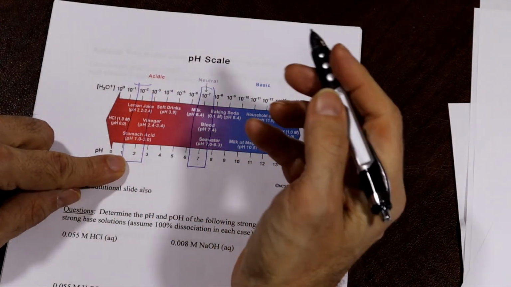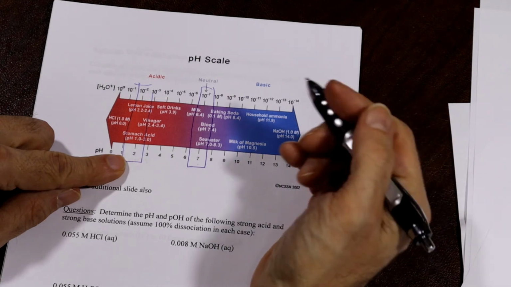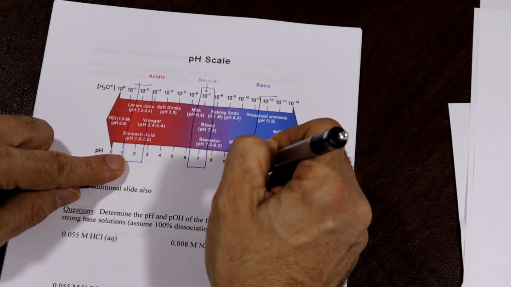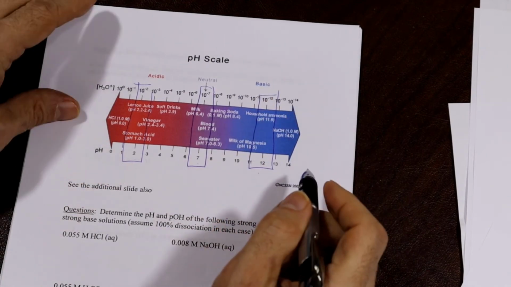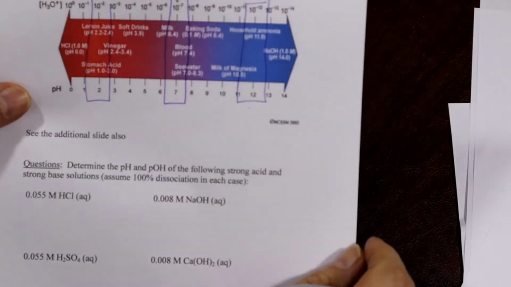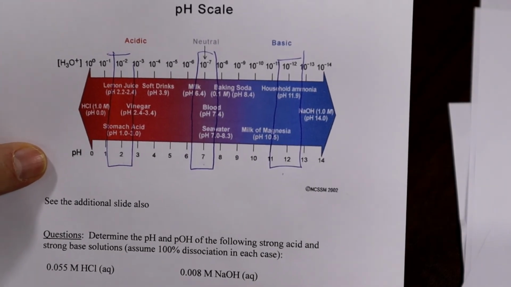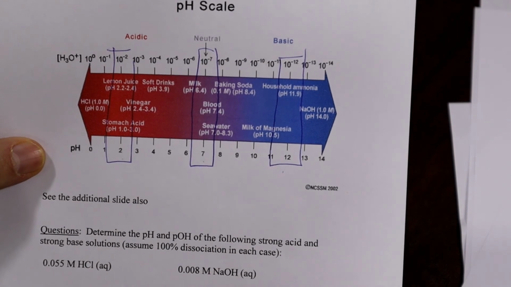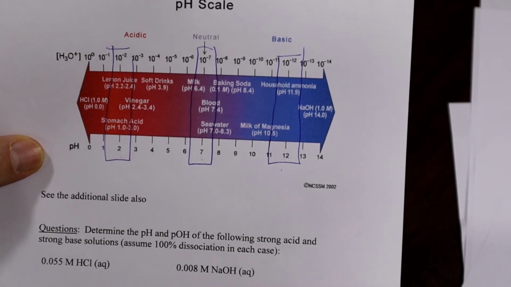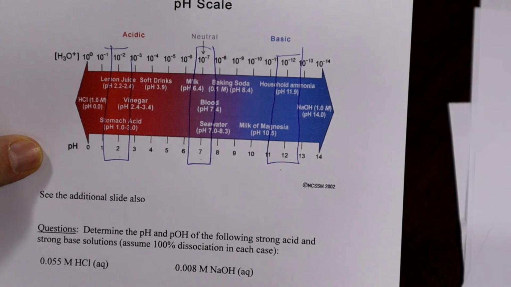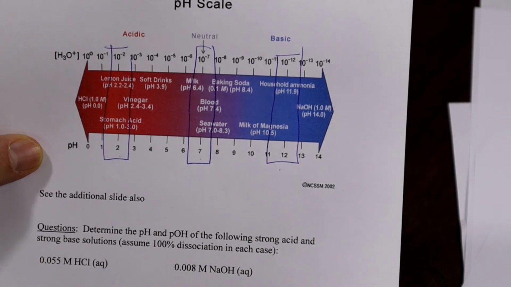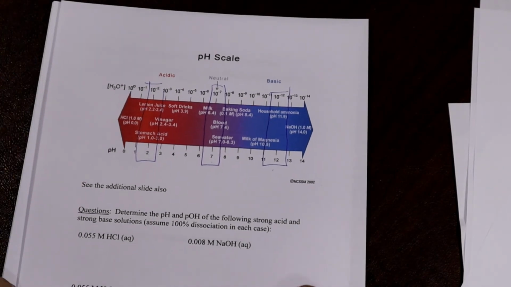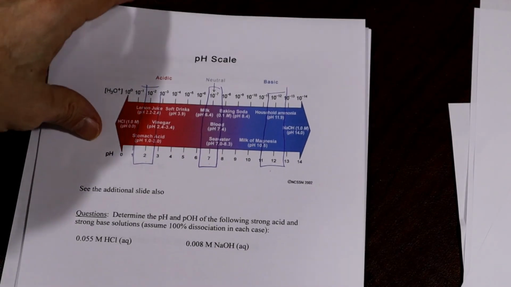When we have a classic basic solution, the concentration of H plus is real low, 10 to the minus 12, pH of 12. So remember, on the pH scale, we're measuring the log of the concentration of the H plus ion. The larger the pH, the larger the negative power, in other words, the smaller the value for concentration. Okay, so some questions. I love to ask questions.